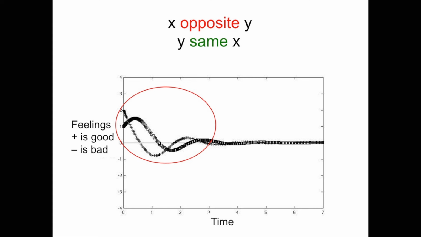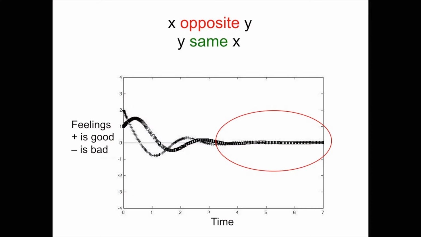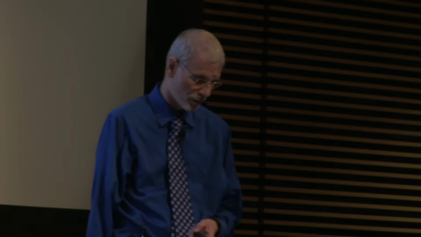Another example is shown here, where one person is trying to do the opposite and the other emotionally the same. And this push-pull results first in oscillations, and then later they both wind up being neutral. Without the mathematics here, I wouldn't have been able to guess they both wind up being neutral.